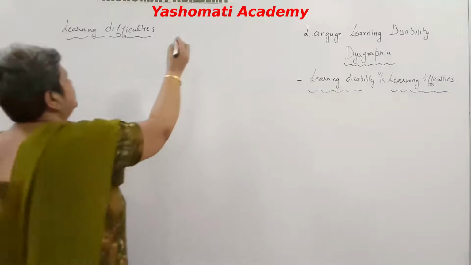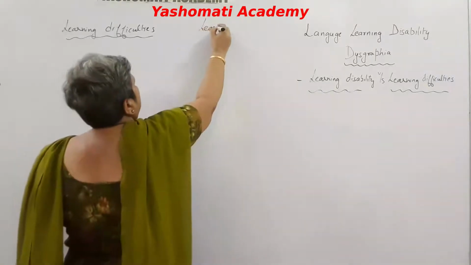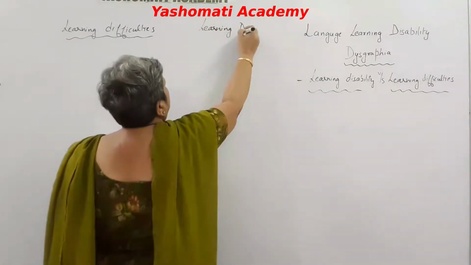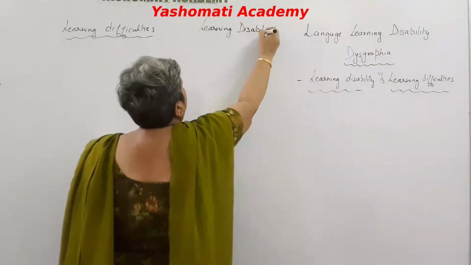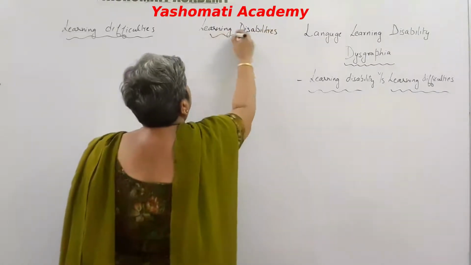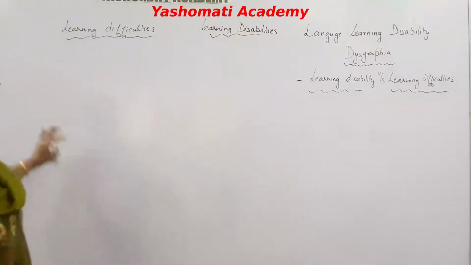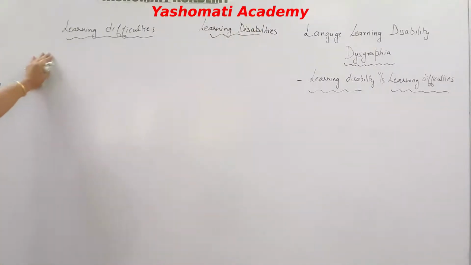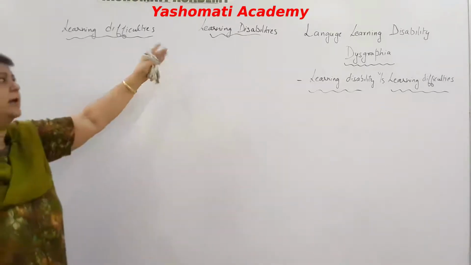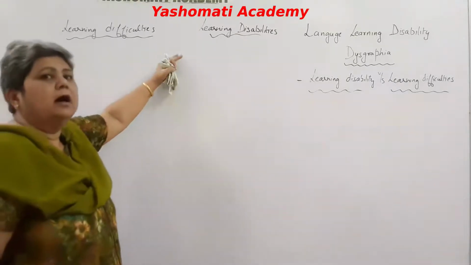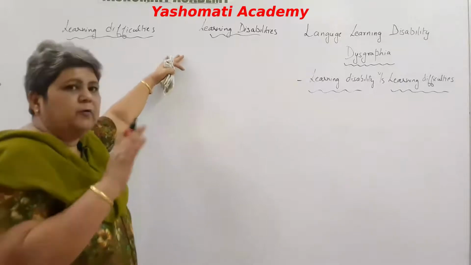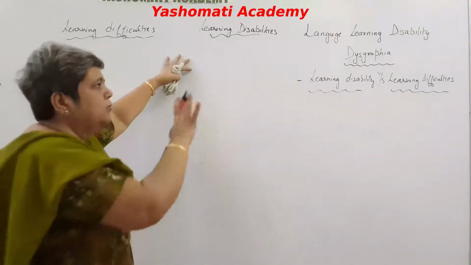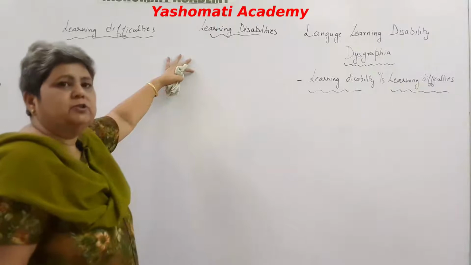In both the cases we see learning disabilities. In both what we see is that there is a gap between the potential of the learner and performance of the learner. We feel that the learner could have done much better as compared to the average learner, but the performance of this particular learner about whom we are talking is much lower.